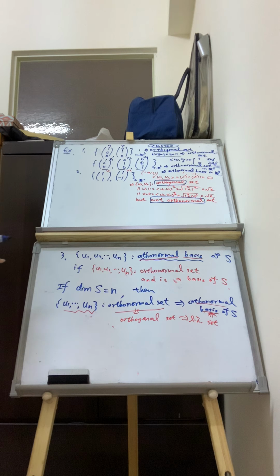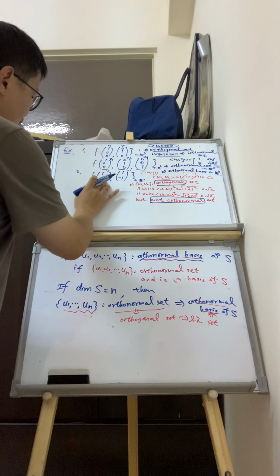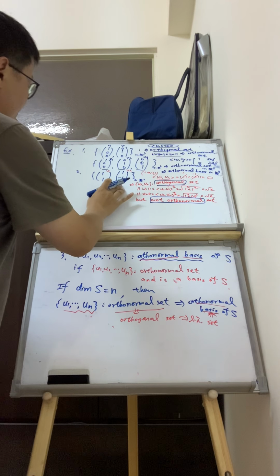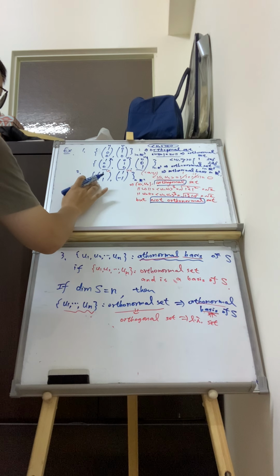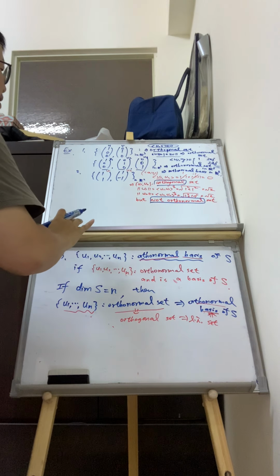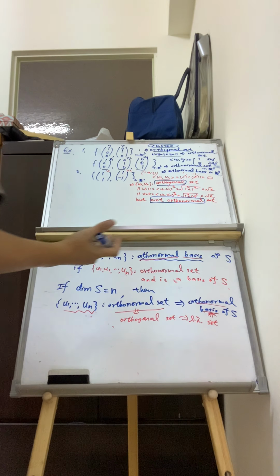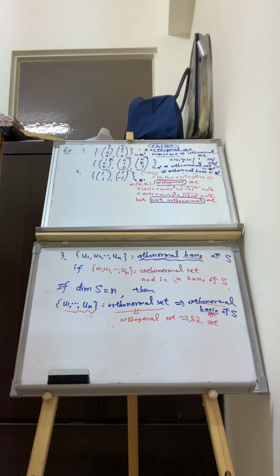But for these two vectors u1 and u2, if we want to multiply u1 and u2 by some scalar to derive an orthonormal set, what should we multiply by?